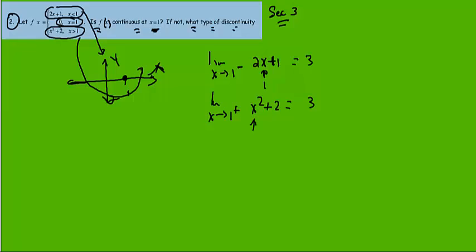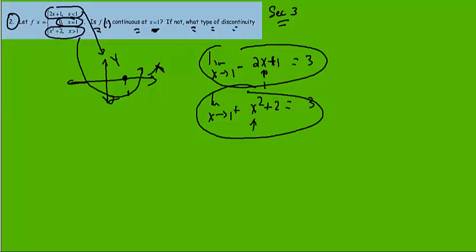So what this means is the curve goes to 3 from the left, and the curve goes to 3 from the right, but actually at 1 itself, it's 0. It didn't ask us to graph, so let's call this 3.